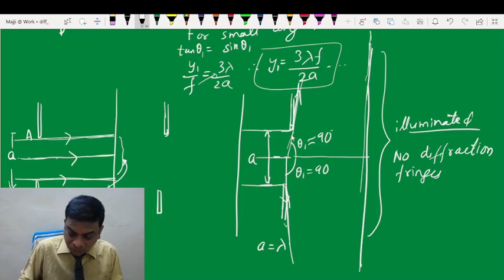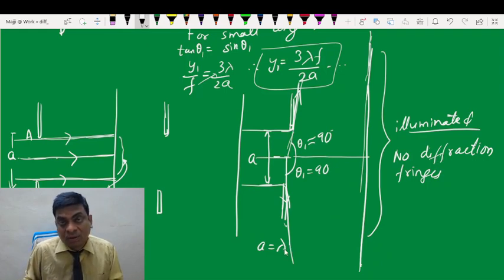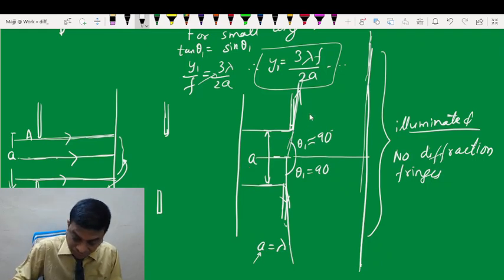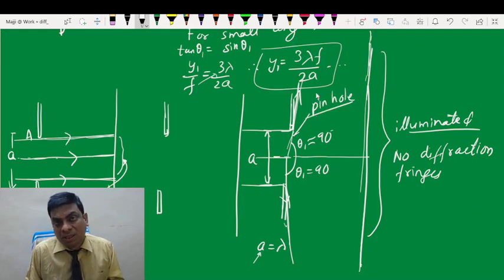Usually lambda is of the order of a few microns, I mean 0.4 to 0.8 micron. If A is also equal to lambda, then this hole can be called a pinhole. A pinhole is a hole whose dimensions are of the order of wavelength.